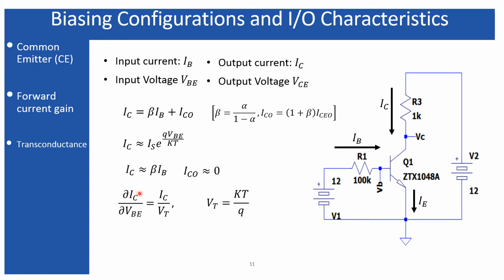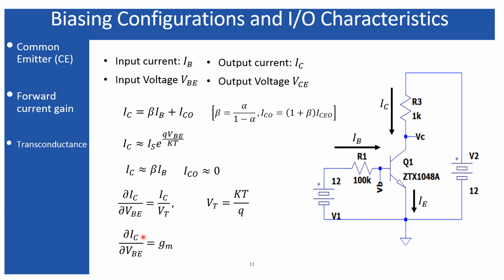Another thing is that if you differentiate this equation, del IC, the output current, with respect to VB, the input voltage, the result is IC divided by VT, where VT is KT by Q, the thermal voltage, whose value at room temperature is 26 millivolt. This factor, del IC by del VB, is called the transconductance.